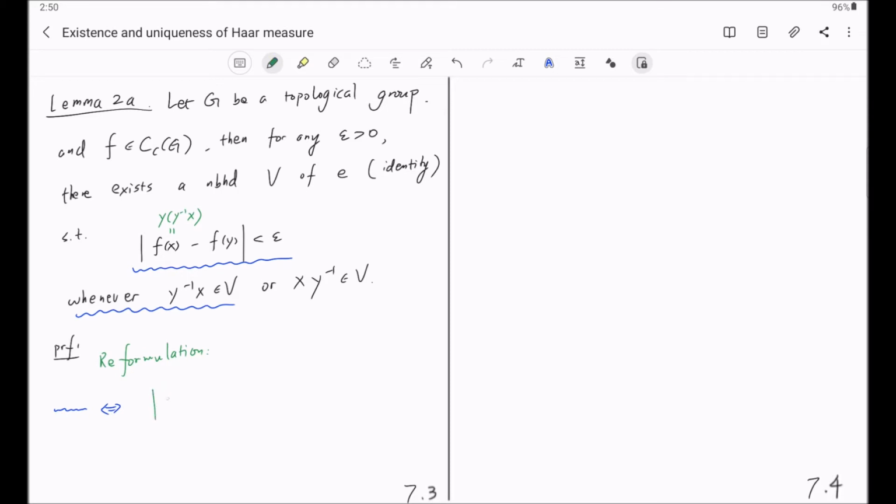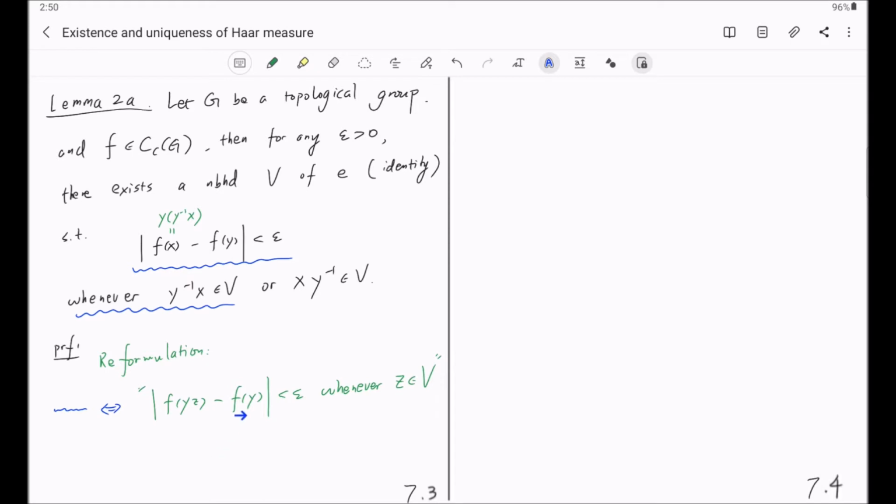that the absolute value of f of yz minus f of y is less than epsilon whenever z is in V. Because here z will correspond to y inverse x in this situation.